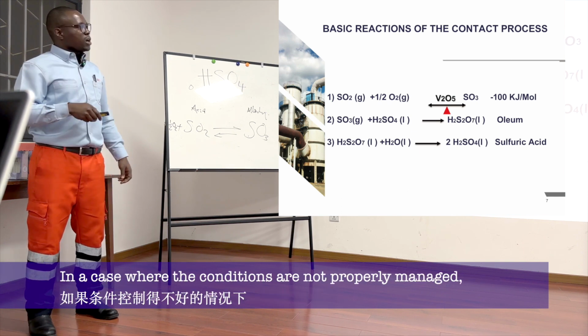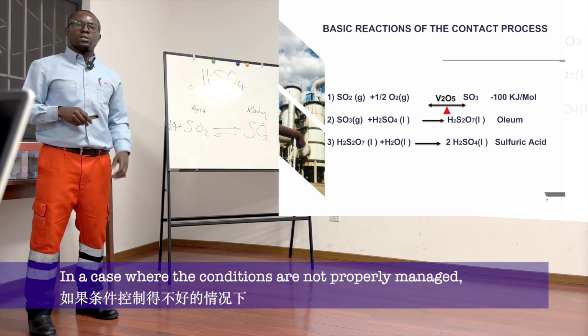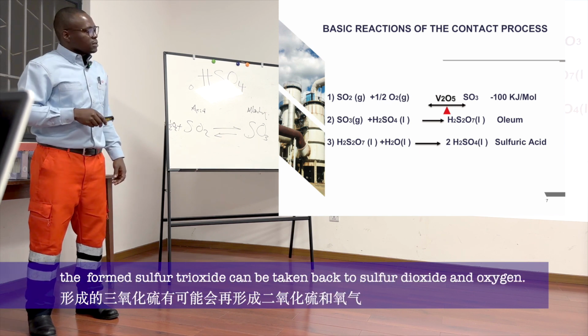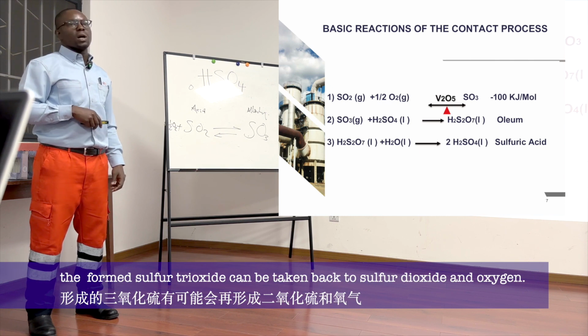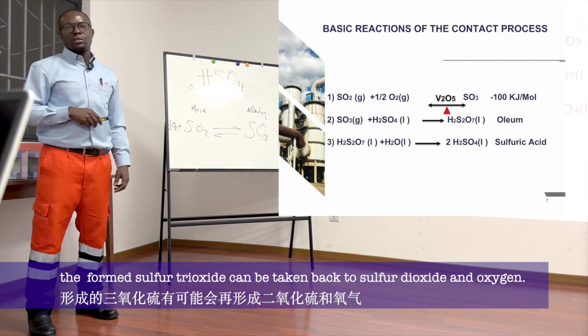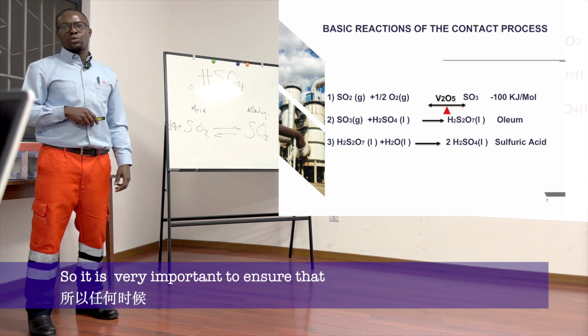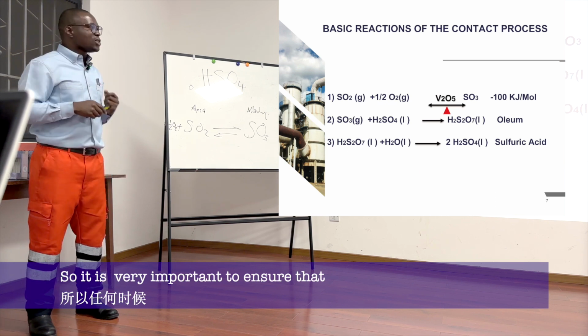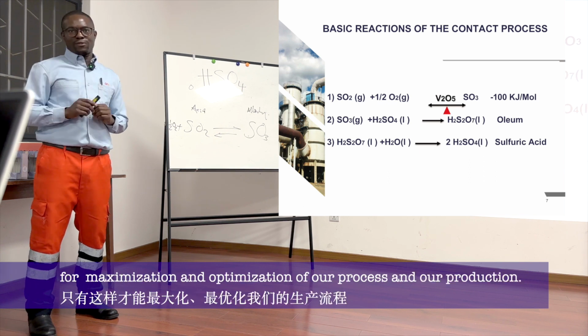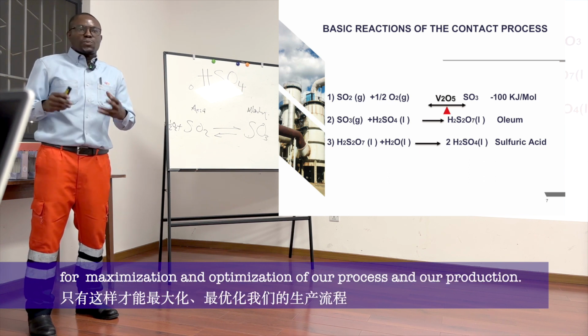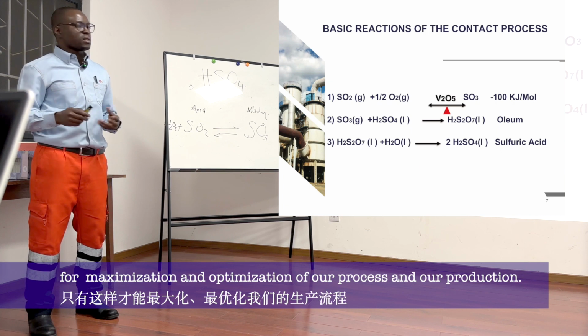In a case where the conditions are not properly managed, the formed sulfur trioxide can be taken back to sulfur dioxide and oxygen. So it is very important to ensure that the right conditions are at all times followed for maximization and optimization of our process and our production.